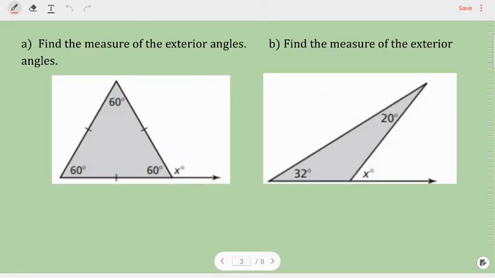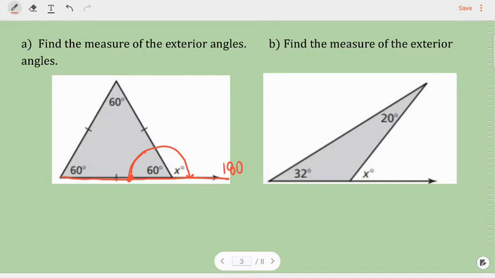It says we want to find the measure of my exterior angle. Before we use our rule, I want to say, why does it work that way? If I look at this triangle right here and I extend my side, notice what I have just created is a line, which makes, if I start here and draw my arc all the way over to here, a total, because it's a line, of 180 degrees.